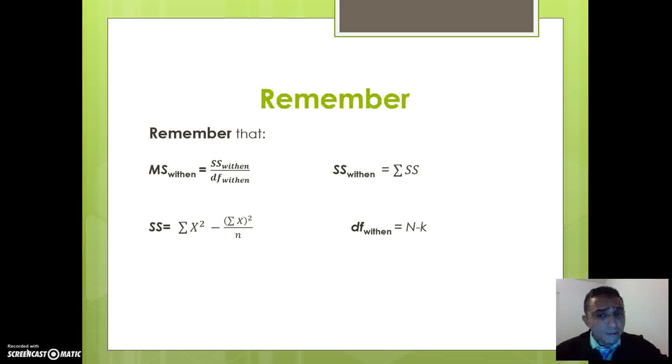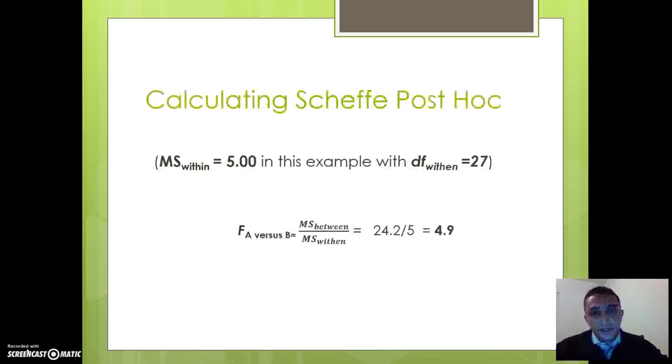So this should be from the overall ANOVA, so n, the total number of participants in all the groups, is 30, minus k, which is 3, so it's 27. Okie doke. Now we have our mean square within, it equals 5. In this example, degrees of freedom within, as we said, is 27.